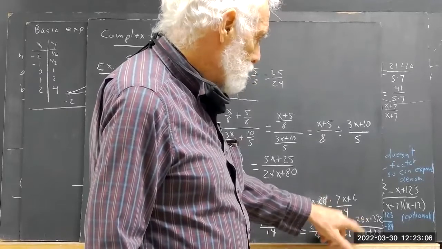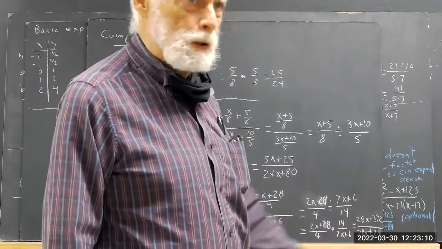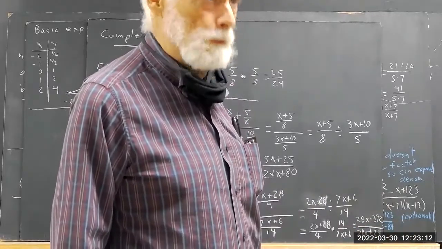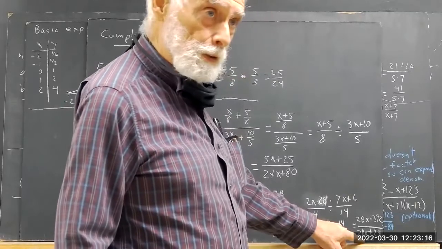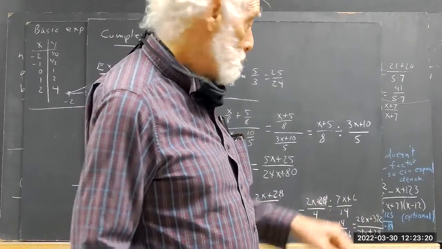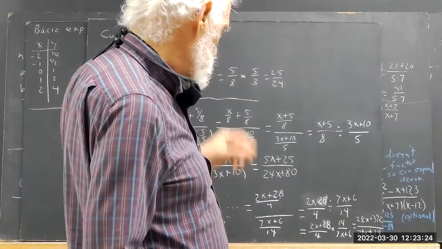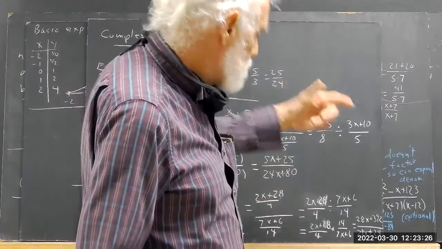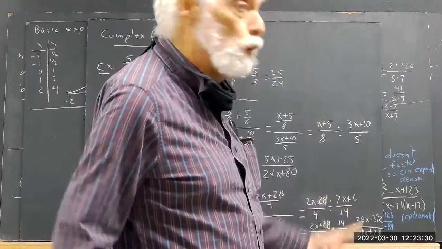And there's an impulse to cancel out that 28, but that doesn't work at all. Okay. 28 is not a factor of the denominator. It's not a factor of the numerator. Okay. You could simplify the fraction. You know that 2 is a factor of everything here, and so is 4.